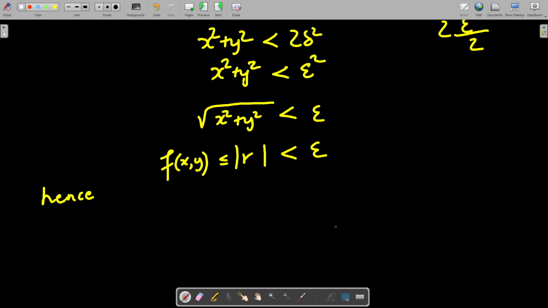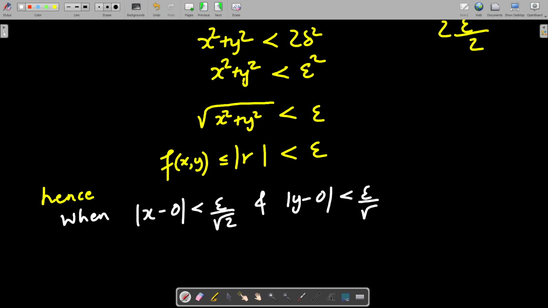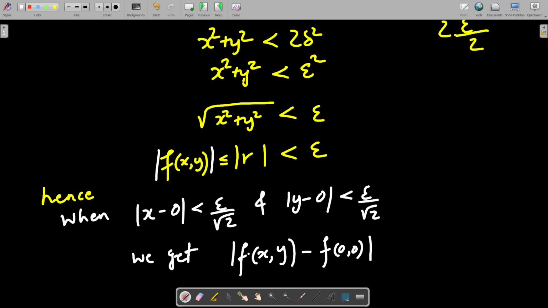So f of xy is less than epsilon over here. Hence when x minus 0 is less than epsilon by root 2 and y minus 0 is less than epsilon by root 2, we get modulus of f of xy minus f of 0 0, that is 0, which is equal to modulus of f of xy.